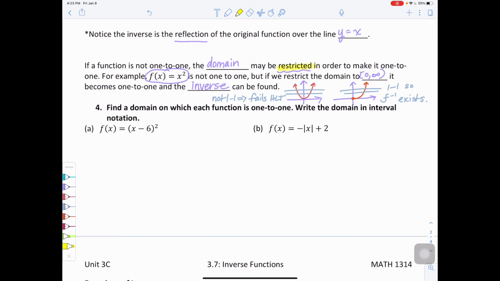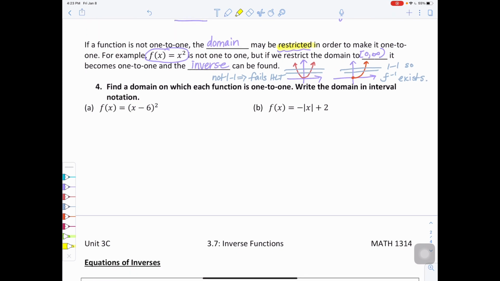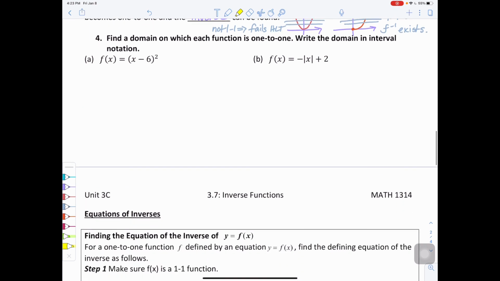Okay, so let's take a look at this. Number 4, find a domain on which each function is one-to-one. Write the domain in interval notation. Okay, so let's go ahead and draw some axes here. And this graph is x minus 6 all squared. f of x equals x minus 6 all squared.